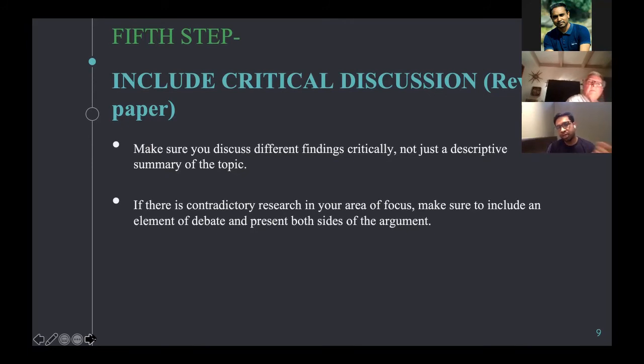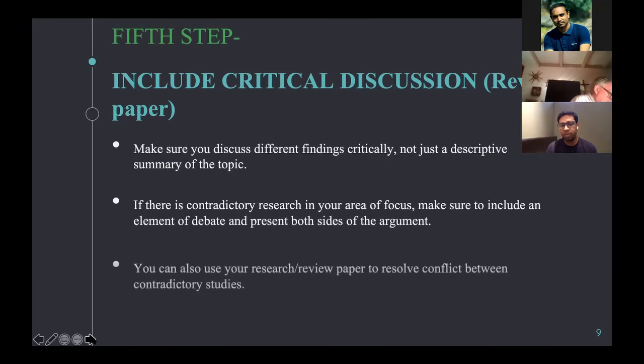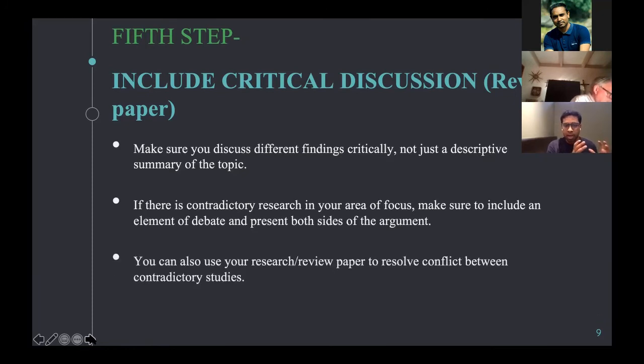You have to discuss both sides, and at the end, you need a proper proof that this author is right and the other author is incorrect. So there will be some resolved discussion in your review paper, which adds value to your review paper for the great community of readers. So this is the discussion part.